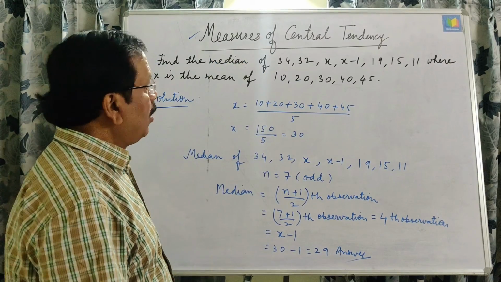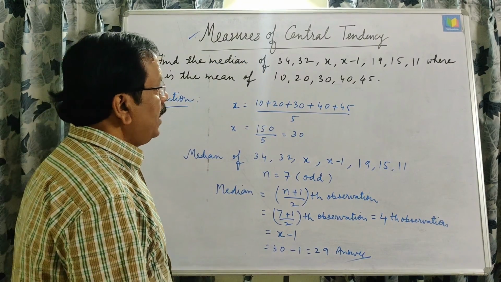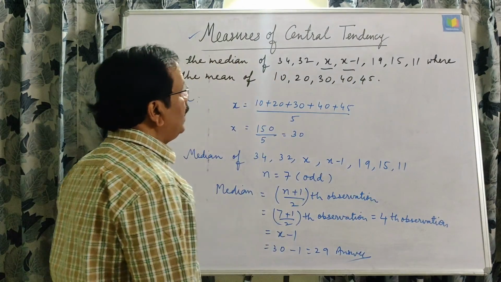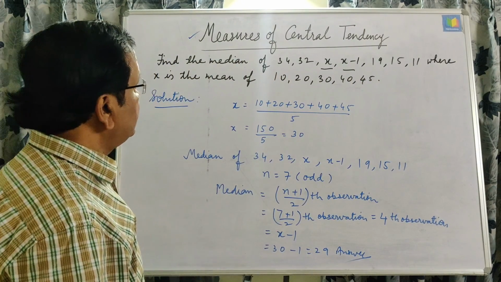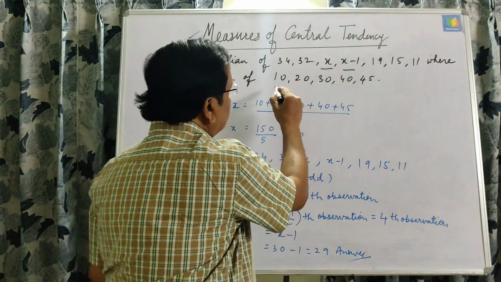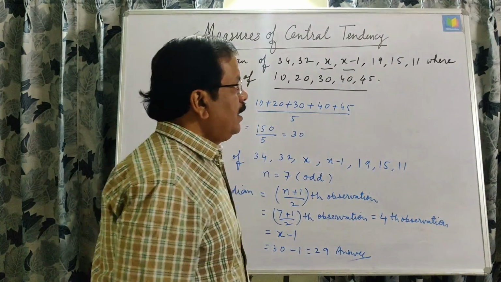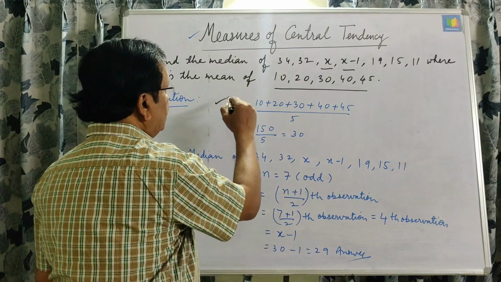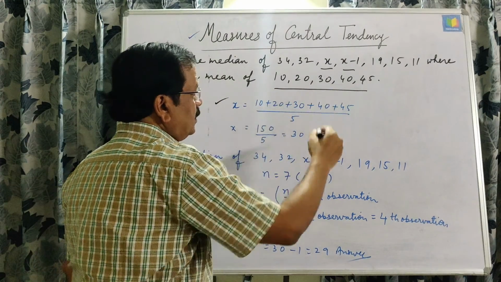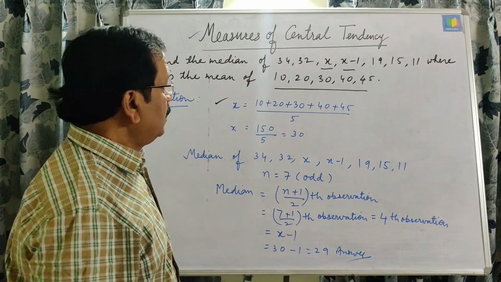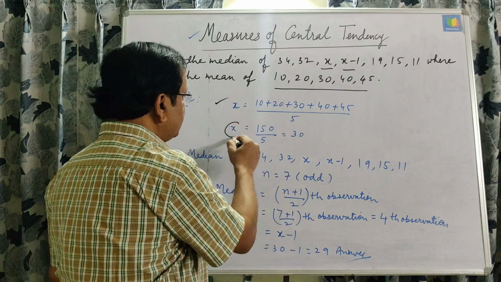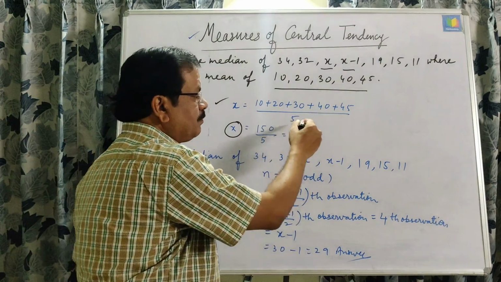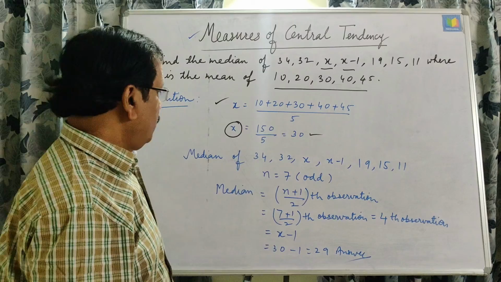Find the median of 34, 32, x, x minus 1, 19, 15, 11, where x is the mean of these numbers. Okay. Now in this question, first of all we'll find the value of x with the help of these numbers. These are 5 in number, and then we are getting x is equal to 30, the sum of all variates upon the total number of variates. Okay.